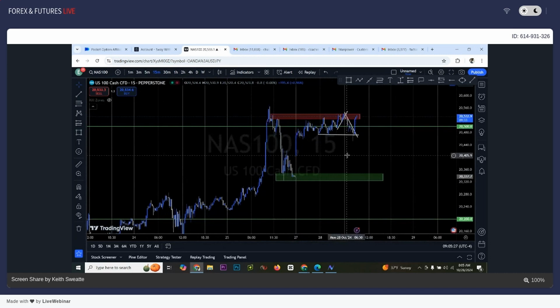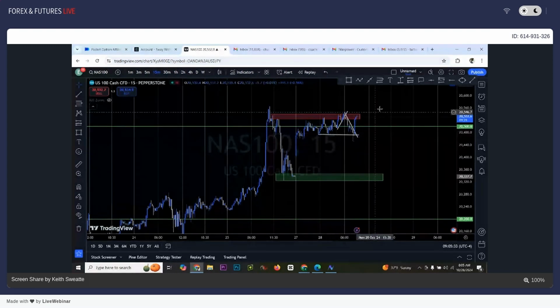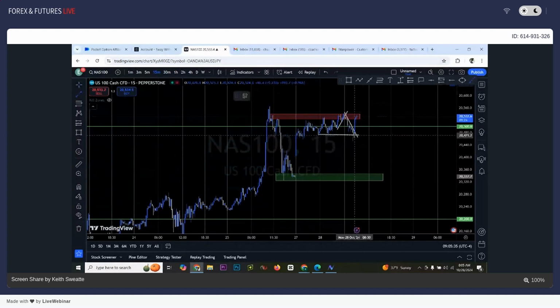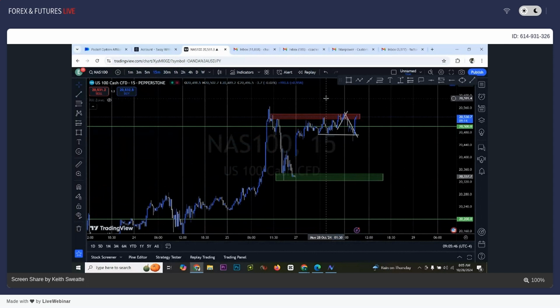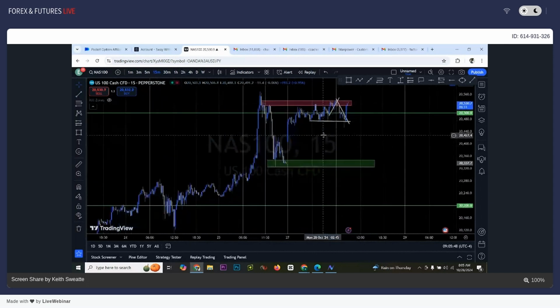So now I need a downward movement, something like this, right? We need to break a trend line like this to let us know it's going to go down. So that's what we're waiting for.